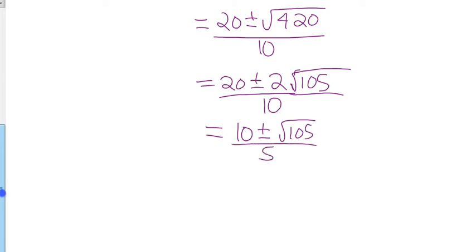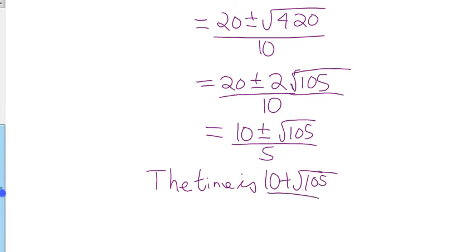Generally speaking, we're talking about times, so we probably want it rounded to the nearest tenth or hundredth. Let's go with the nearest hundredth: 4.05.